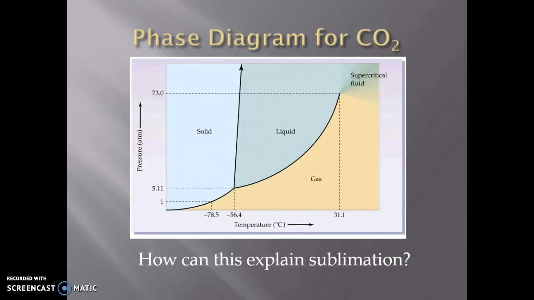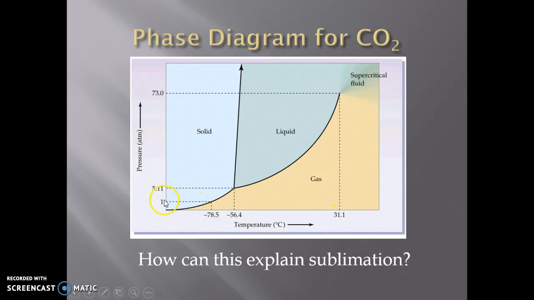So here's an example of CO2, so we'll be able to point that out a little bit better. Notice that with CO2, you have the line going almost vertical. But with water, because the density of solid is less than the density of liquid, you actually see that line go like this. So that's what I was trying to point out on that last slide.